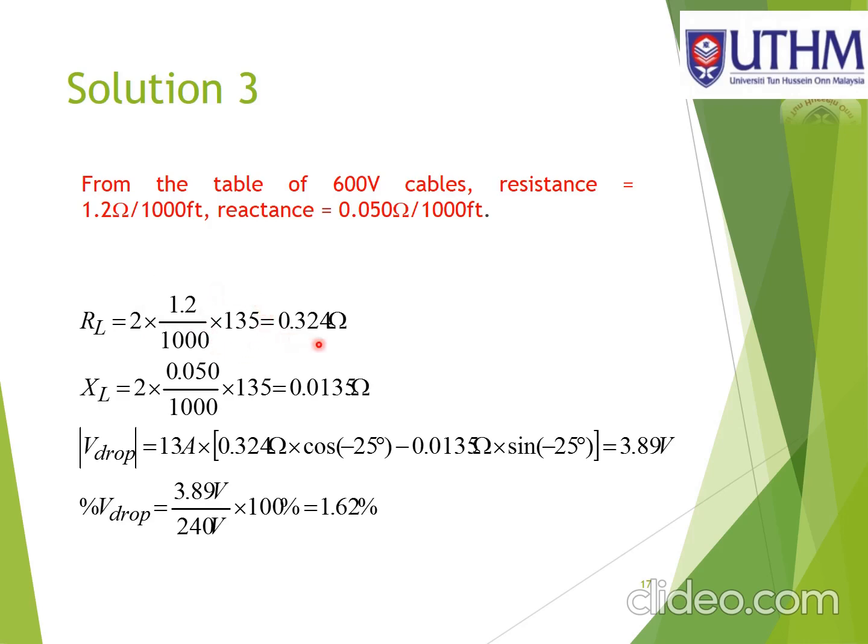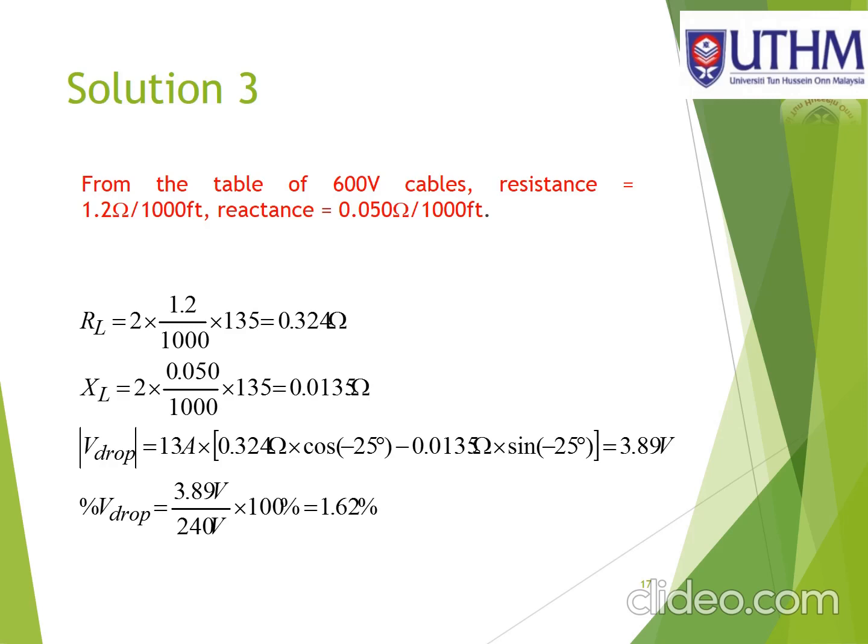So this is the RL value, but the value is multiplied by 2 here because this question refers to from source to the load and from load to the source. Next we go to XL. Same formula, and then we put all the values. We get the value of XL equal to 0.0135 ohm.